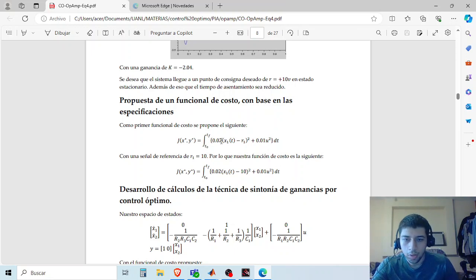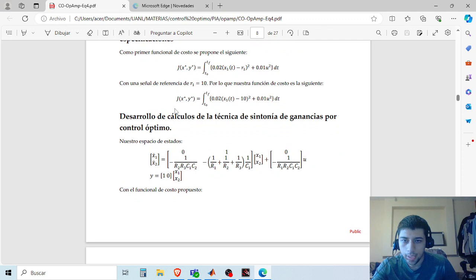And this number represents the penalization for each state. So this state has more penalization than the input value. And the restriction in these equations to tell it to reach 10 volts is here in this reference. So we are integrating the error instead of just the x value.